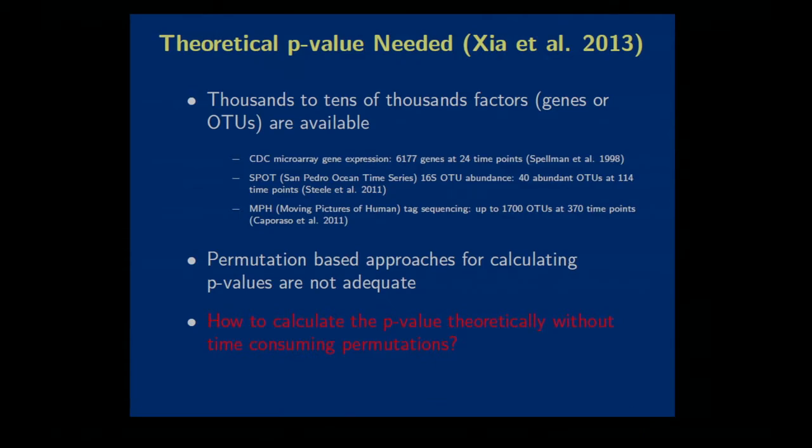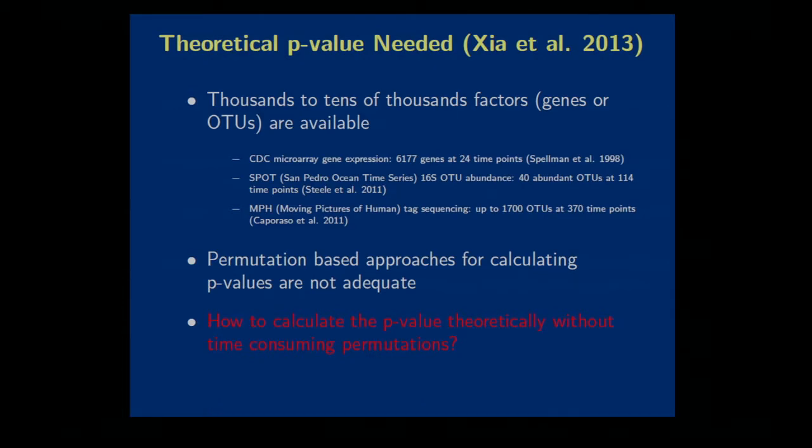But later, as next generation sequencing data got bigger and bigger, it took several weeks or a month to really get these p-values. And Jed said, Fengzhu, you have to solve this problem. I will not use your program if you don't solve it. So then I had to solve this problem.